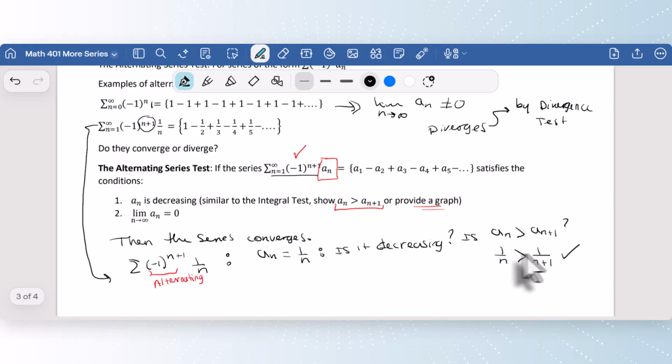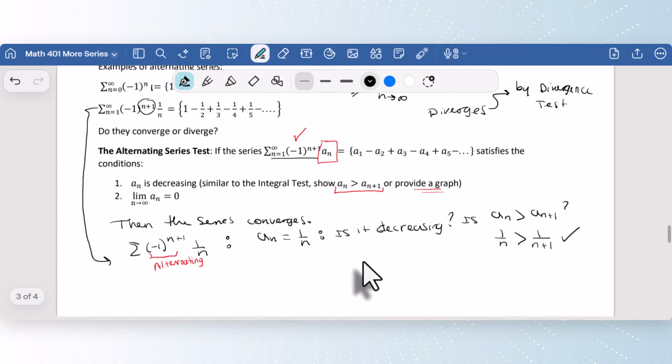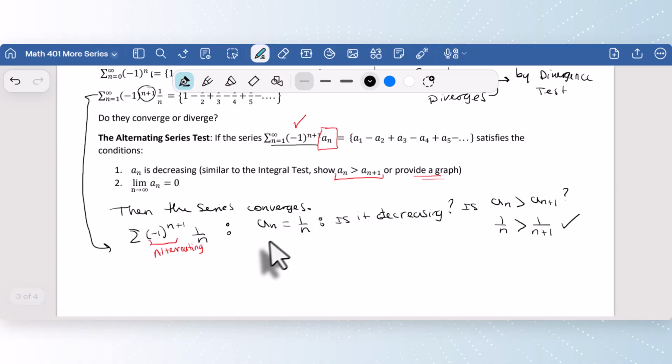So this is true, so we can say it's decreasing. Does the limit as n goes to infinity of 1 over n go to 0? This is the second condition: the limit as n goes to infinity of a sub n goes to 0. Yes. So both conditions are met.